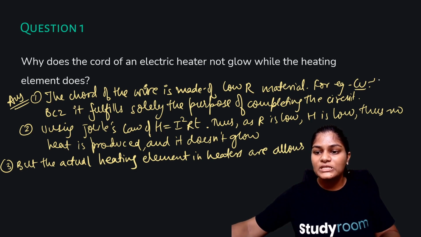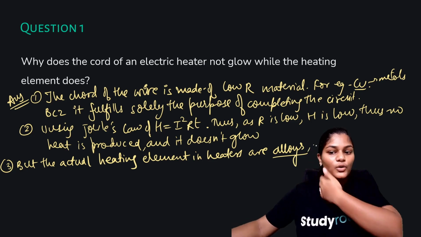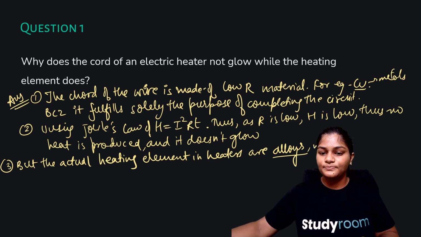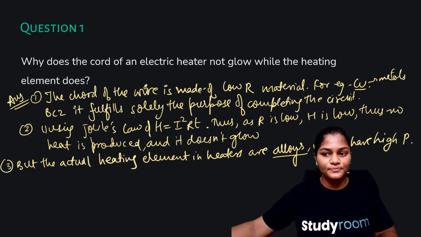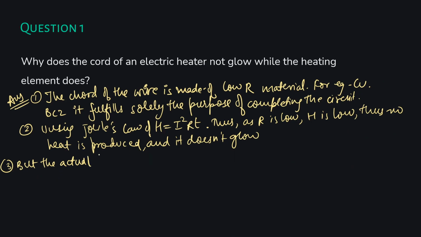Copper is what? Copper is a metal which has very low resistance. Metals have a property of having low resistance. Alloys have high resistance, which have high R, right? So therefore, as H is equal to I square RT, again you will write using Joule's law of heating, R is more, so heat is produced.